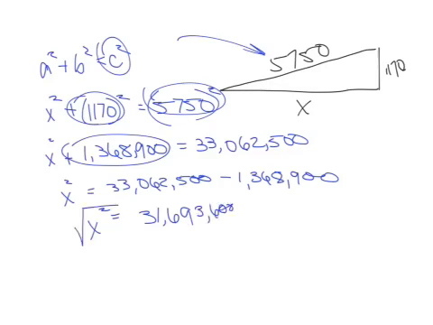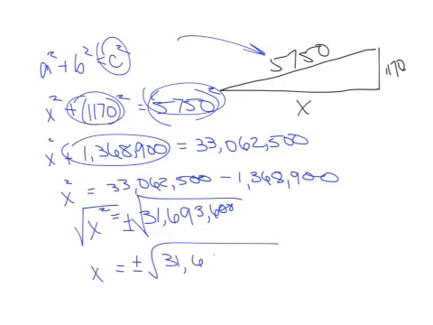Take the square root of both sides, and x equals plus or minus the square root of 31,693,600. One of the things that we know is distances can never be negative, so I know that negative is not going to be a part of it, so I can throw that out.